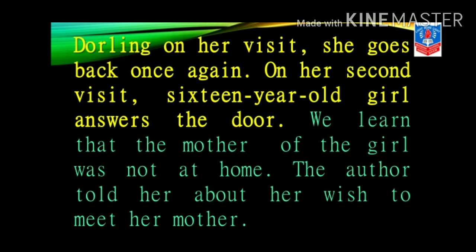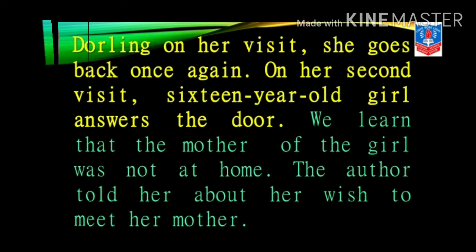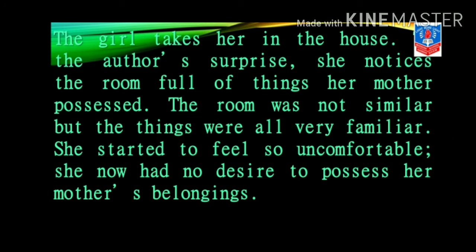She opens the door, and we come to know that the mother of the girl, Mrs. Darling, was not at home. The narrator said that her wish was to meet Mrs. Darling. So she gets inside, and the girl takes her into the house.